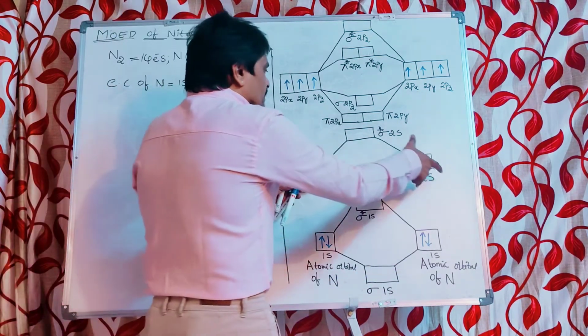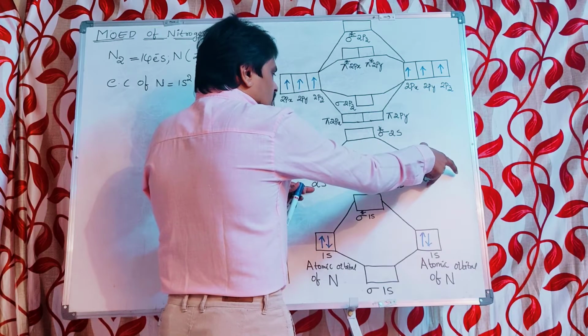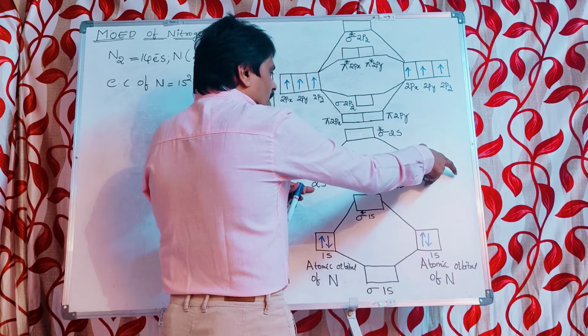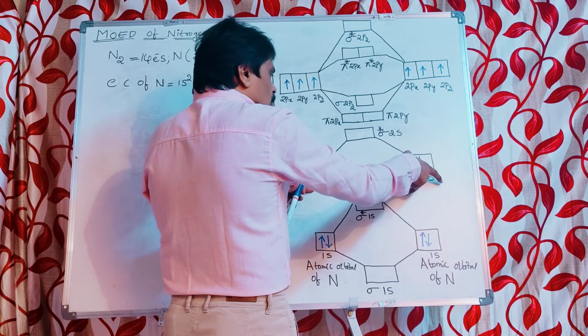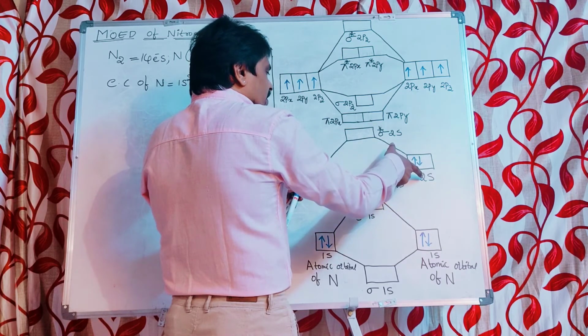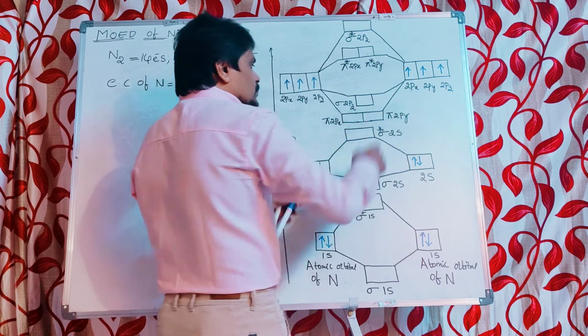Two 2s atomic orbitals of the two nitrogen atoms of the nitrogen molecule combine to form two molecular orbitals, the sigma 2s and sigma star 2s.